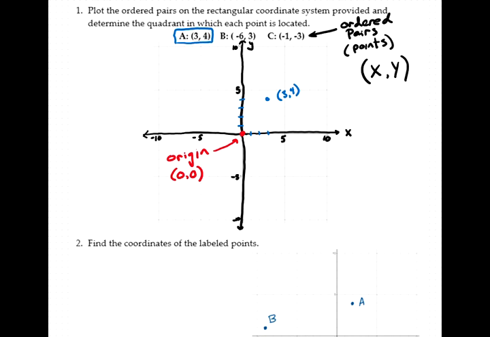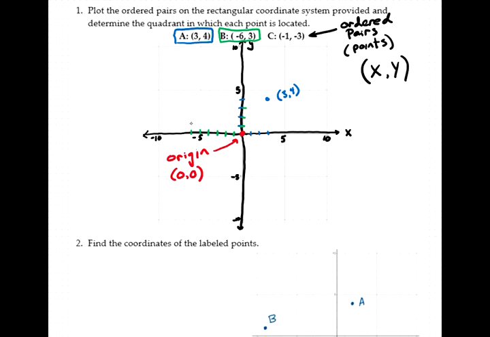Now let's look at point number 2, or the point B. Let's use green for this one. So that's -6 for the x and positive 3 for the y. So we're going 6 units in the negative direction for the x and 3 units in the positive direction for the y.